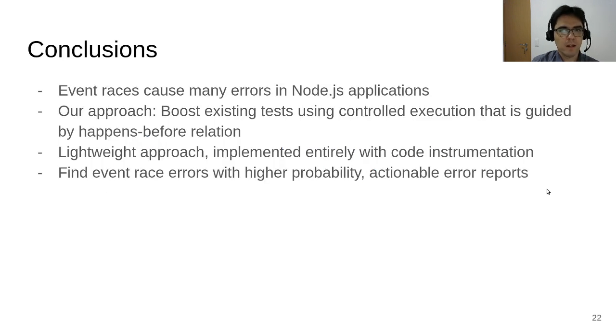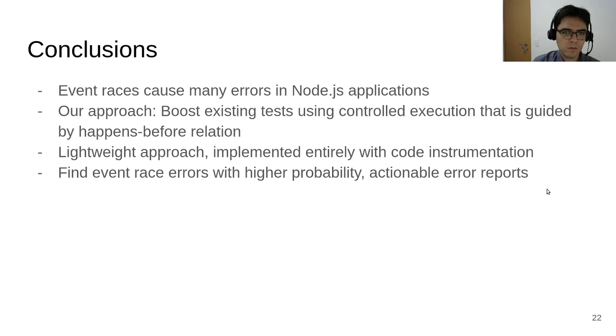Concluding, event races may cause many errors in Node.js applications. Our approach intends to boost existing tests using controlled execution that is guided by the happens-before relation. NodeRacer follows a lightweight approach that is implemented entirely with code instrumentation.